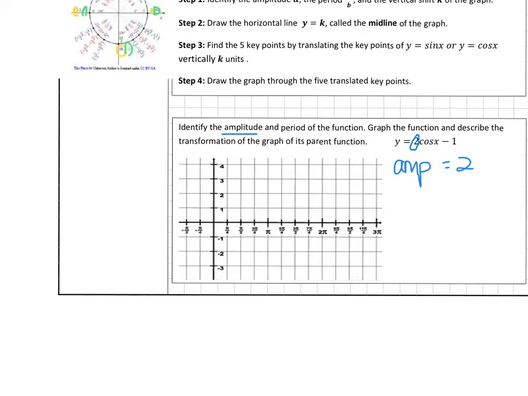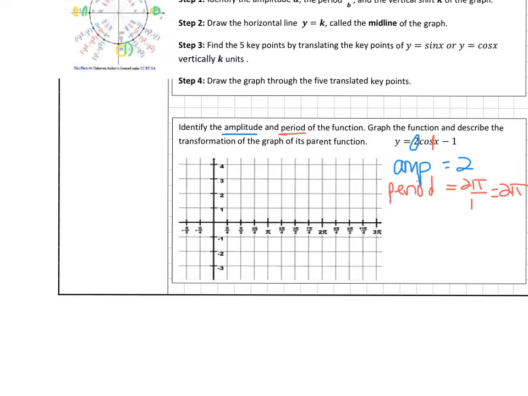And then we look at the period, and that's always 2 pi divided by our b value. The b value is the number that's multiplied in front of our x, which is a 1. So 2 pi divided by 1 is still just 2 pi. That gives us the horizontal distance of one cycle.